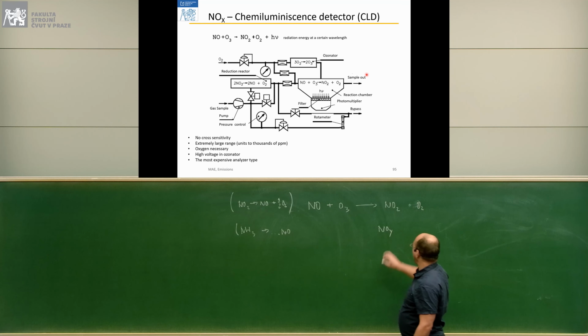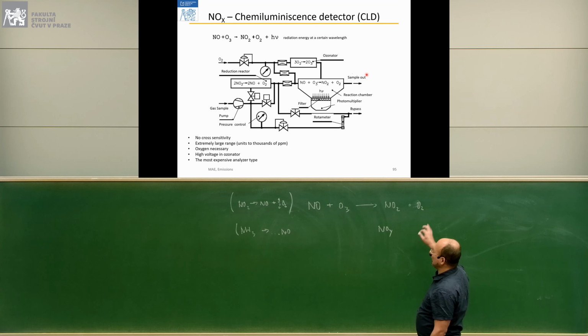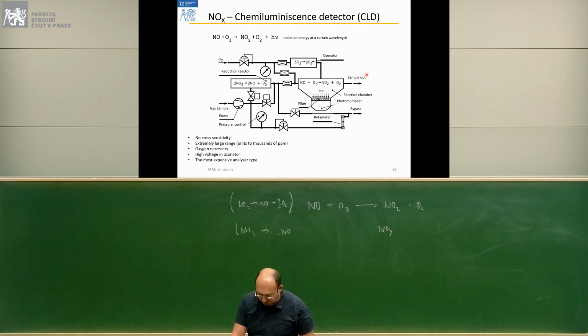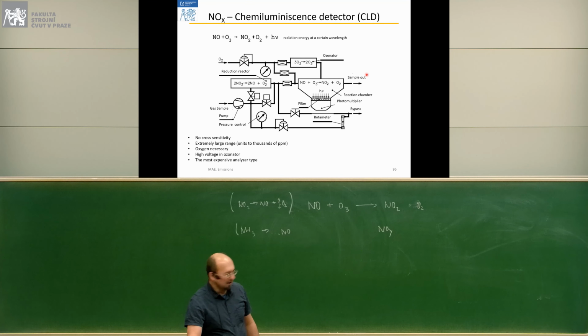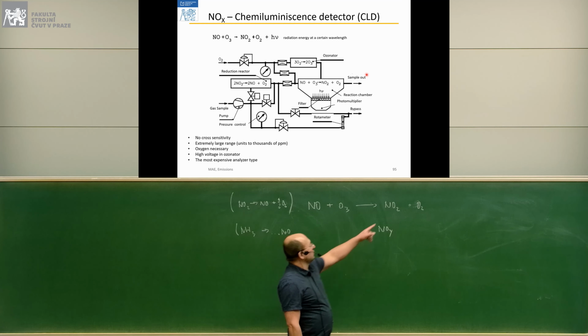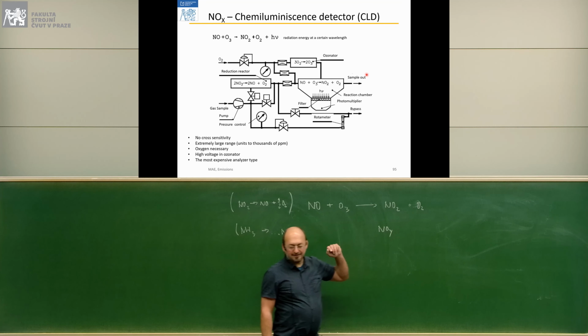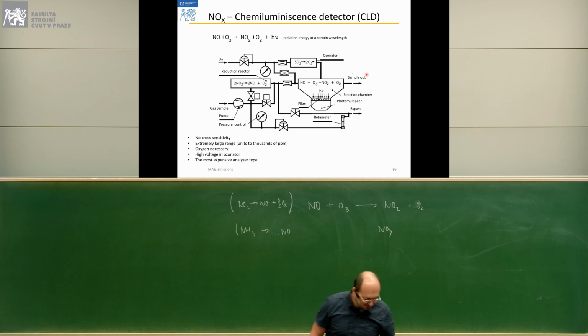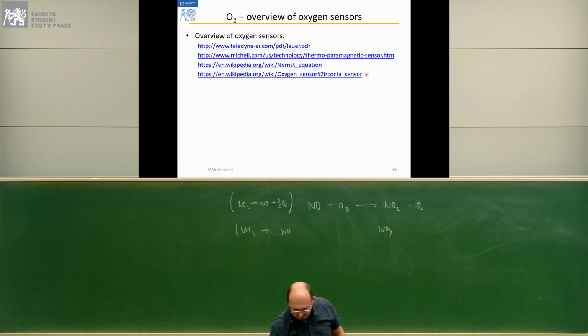And NOy is typically NO, NO2, ammonia, and possibly other reactive compounds. If you want to only measure NO2, you do it as a difference of the total NOx measurement and the nitric oxide measurement.